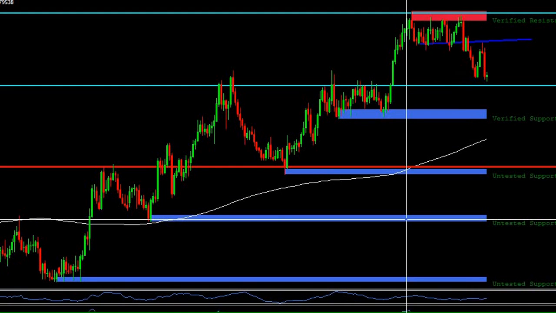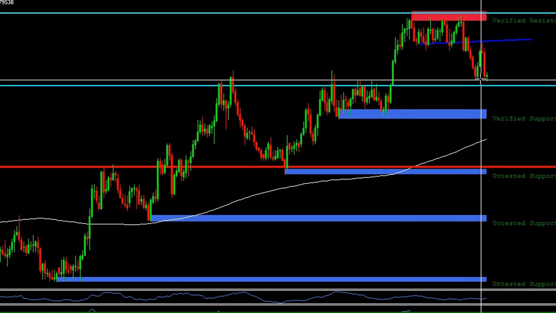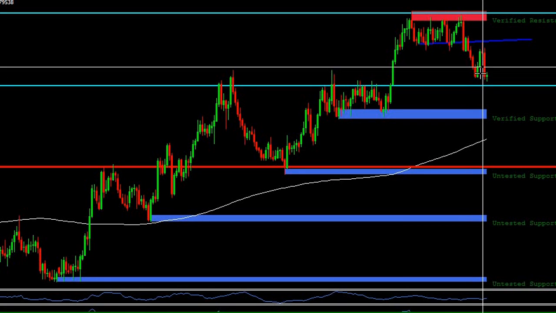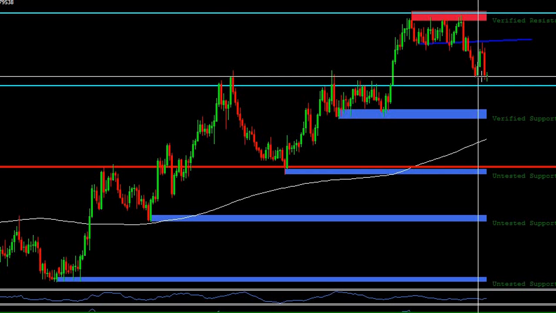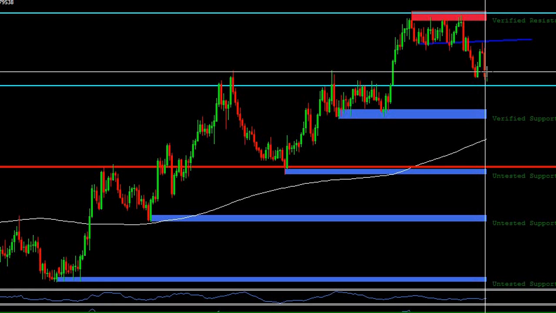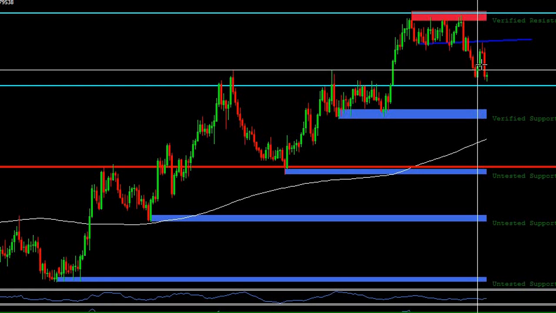Aussie. This is a pair we were involved in a trade last week, which we got out on a trailing stop. So we saw the bounce off this level, which some may call a reversal pattern, but to me, what I look for is an engulfing on lower time frame.